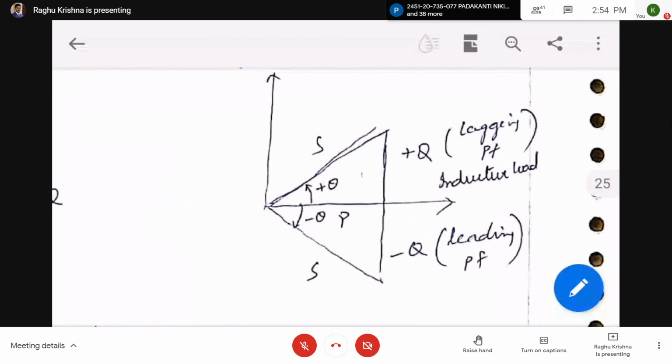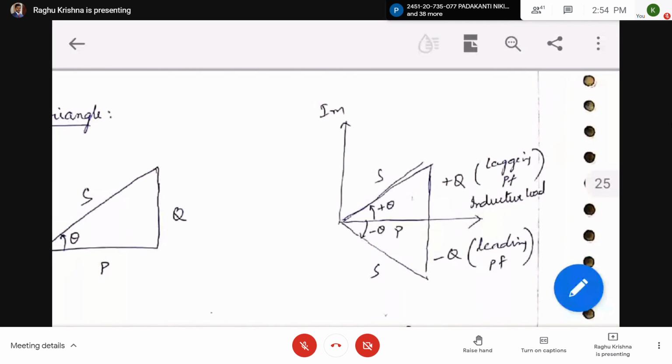Now here, Q will be positive for inductive load. Q will be negative for capacitive load. So in the capacitive case, current leads the voltage, so it is a leading power factor.